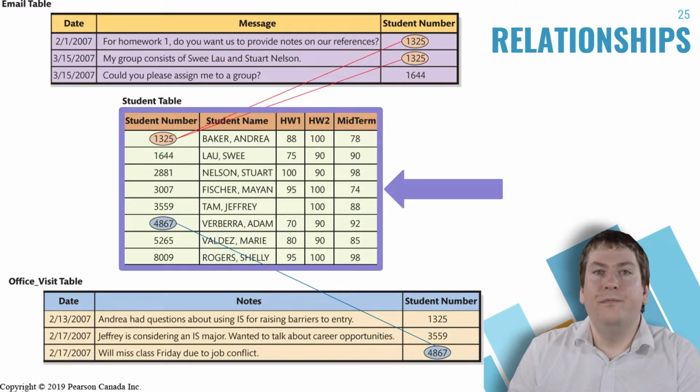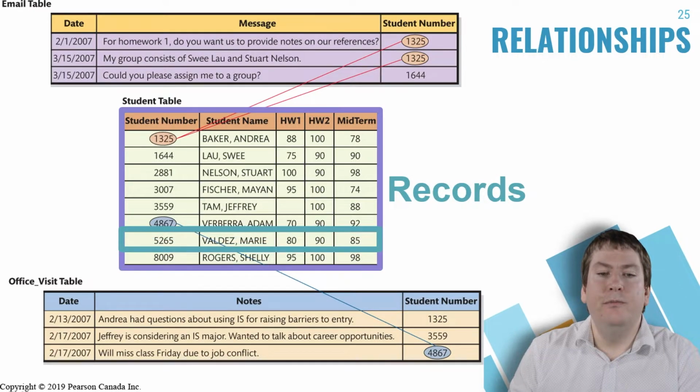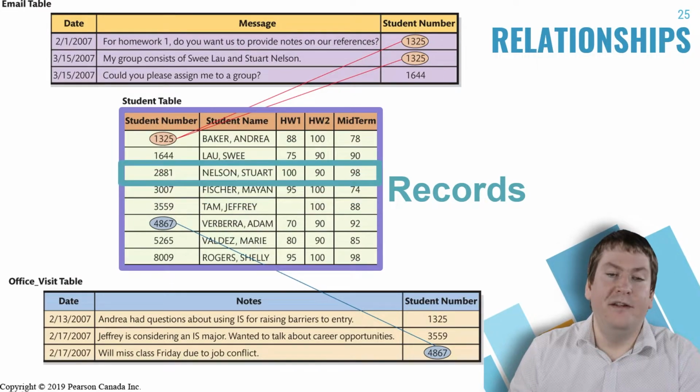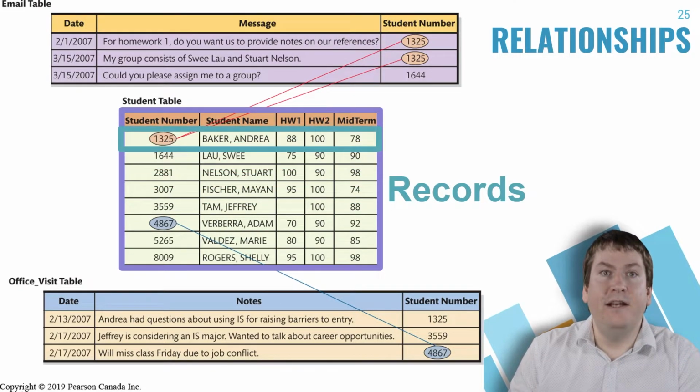And we're back. So the student table has 8 records. Let's count them. 1, 2, 3, 4, 5, 6, 7, and 8.